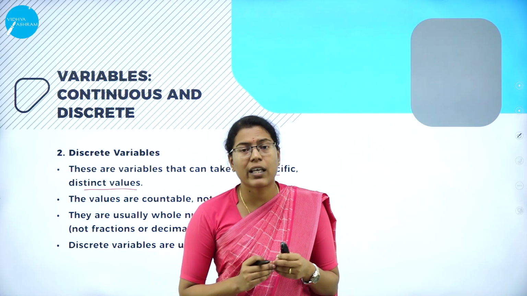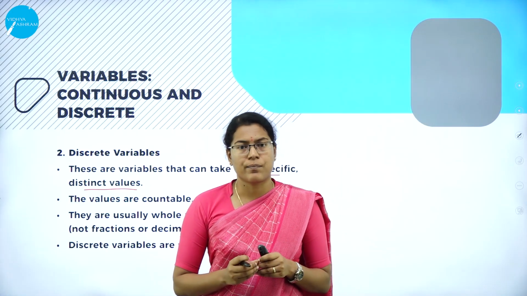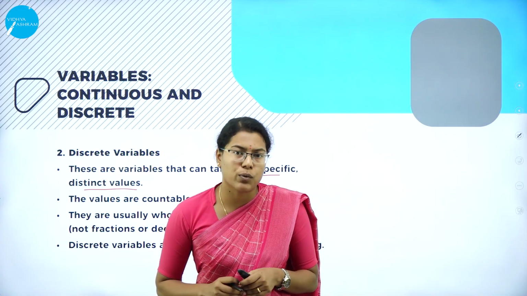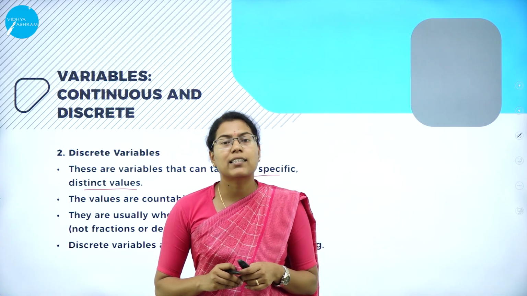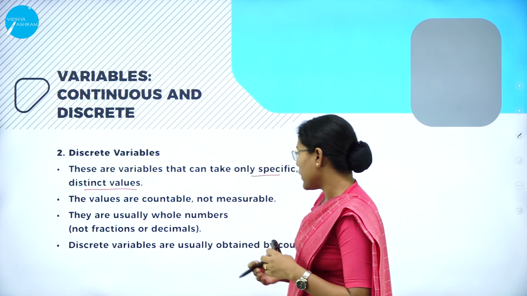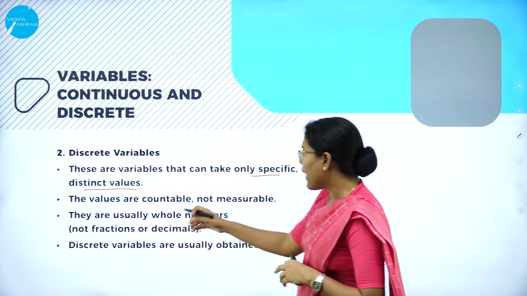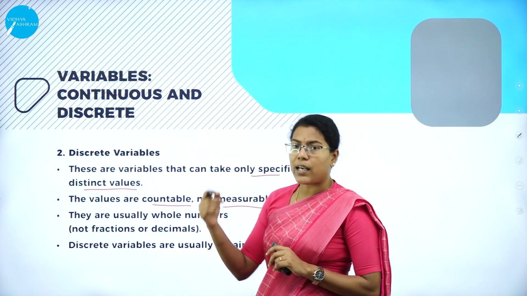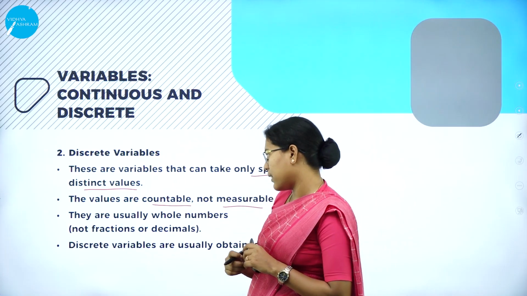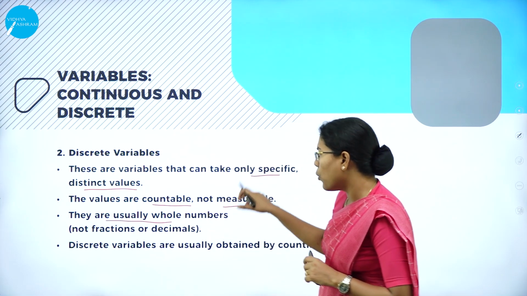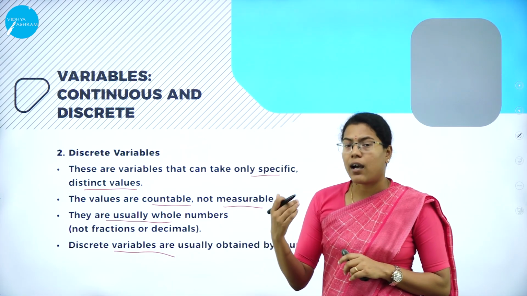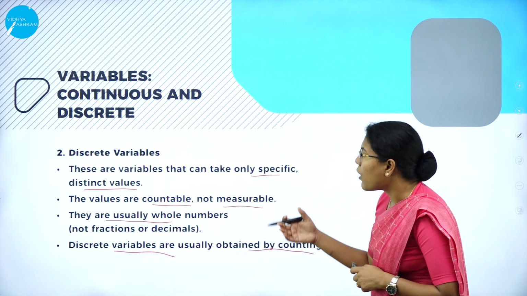So for example, if we take the number of students in class, I can say 30 students. So I cannot say 29.5 students in my class. So here the values are countable and not measurable. So we can count either it is 4 or 5 or 6 like that. And they are usually whole numbers, not fractions or decimals, and discrete variables are usually obtained by counting.